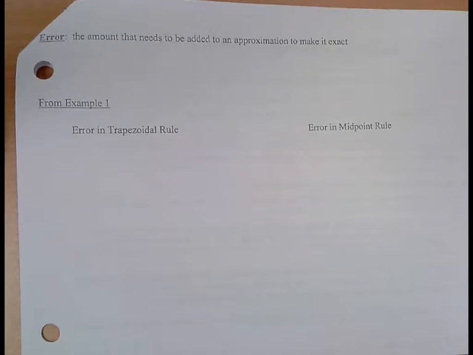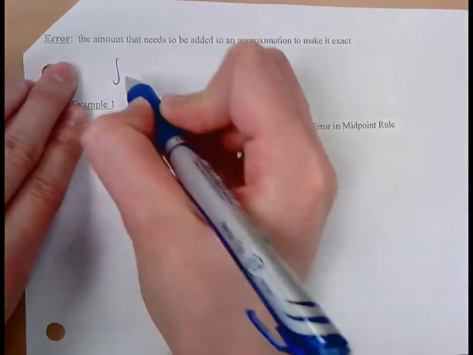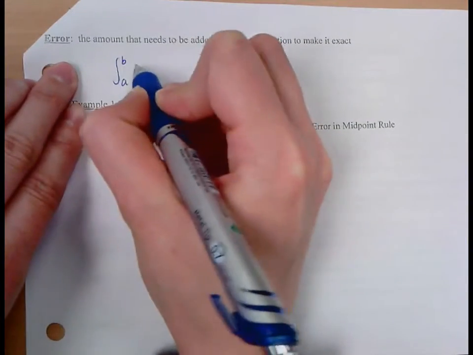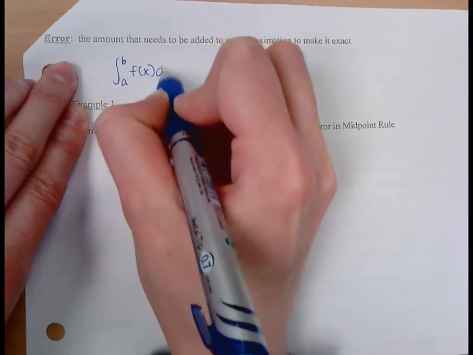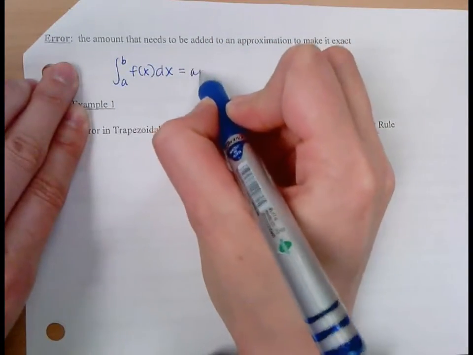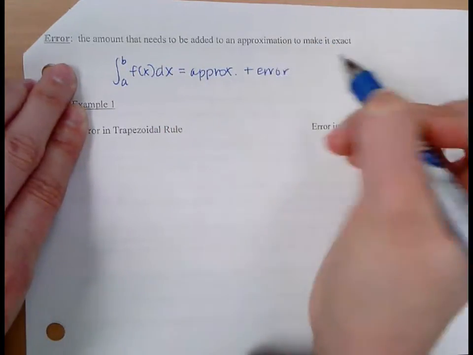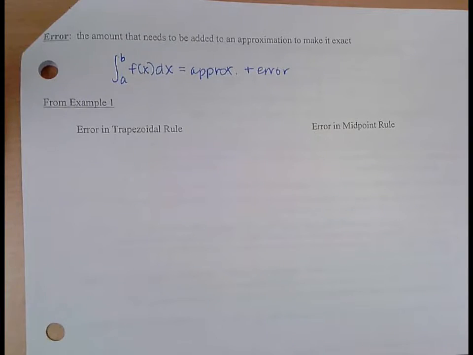So, when you are finding an approximation, the error in the value of an integral is the amount that needs to be added to an approximation to make it exact. So if we have the integral from a to b of f of x dx, this would be equal to any approximation plus the error of that approximation.